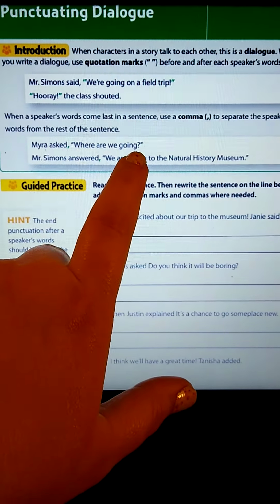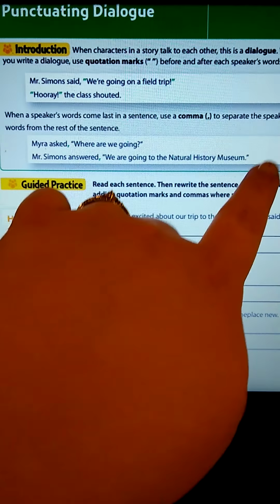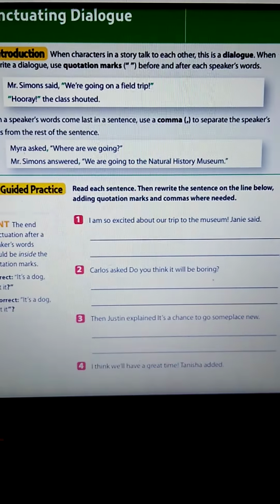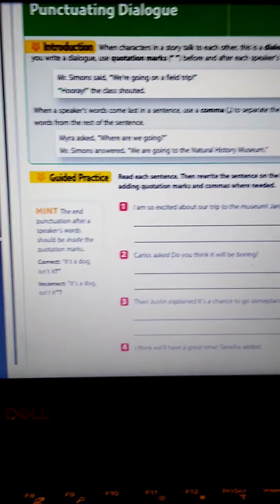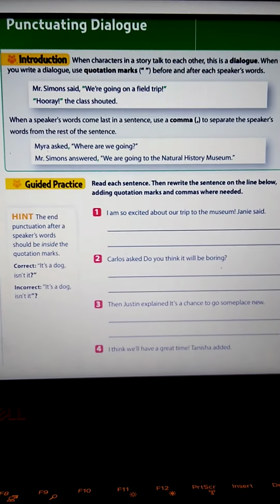Mr. Simons answered, "We are going to the National History Museum." Notice the comma and quotation marks at the beginning of what he said and at the end of what he said. Now, for a hint about how to punctuate dialogue, the end punctuation after the speaker's words should be inside the quotation mark.